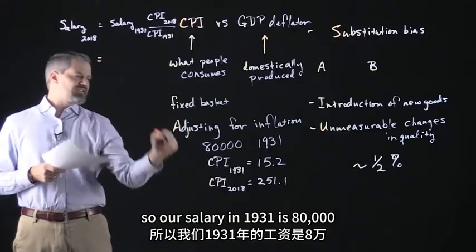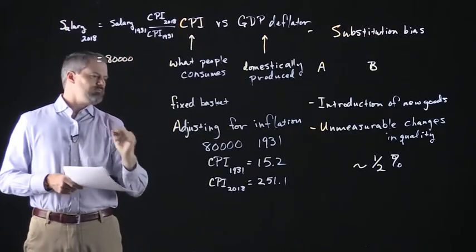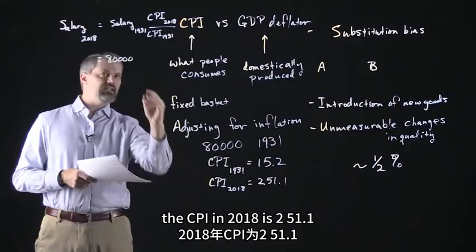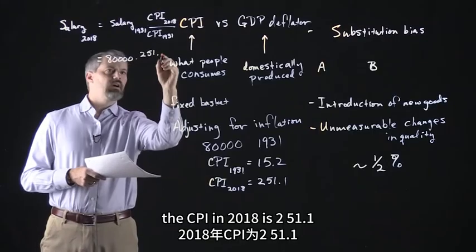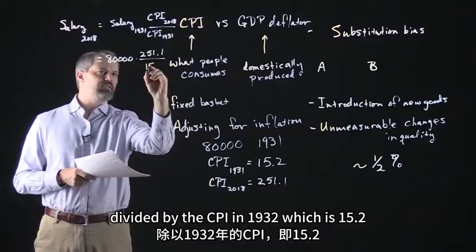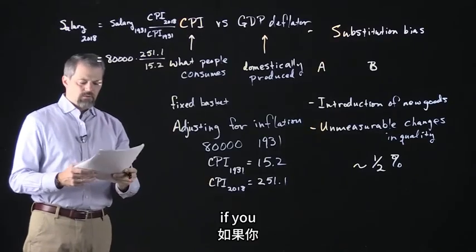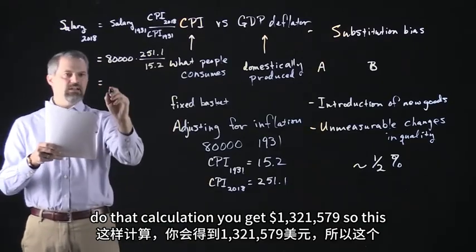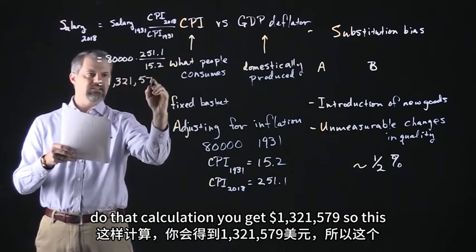So our salary in 1931 is $80,000. The CPI in 2018 is 251.1 divided by the CPI in 1931, which is 15.2. If you do that calculation, you get $1,321,579.